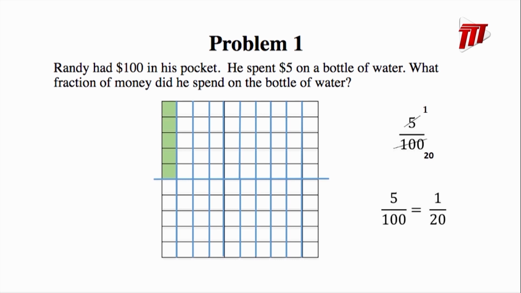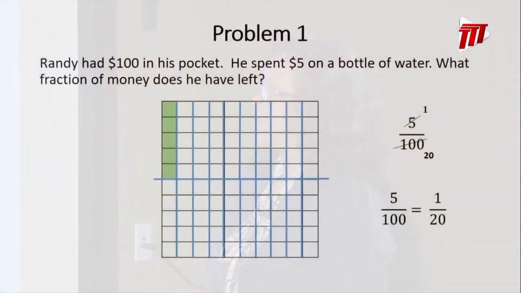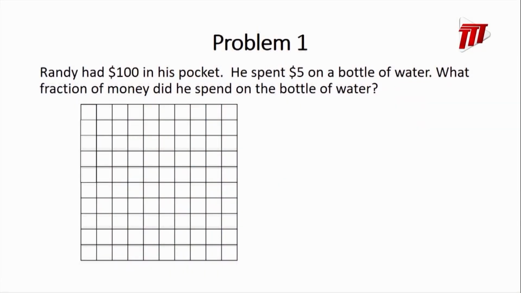Do we want to represent this fraction another way? This is our grid. I'm shading each of the 5 squares. So I have the 5/100ths, or the 1/20th of the grid, shaded. How else can we represent this fraction?